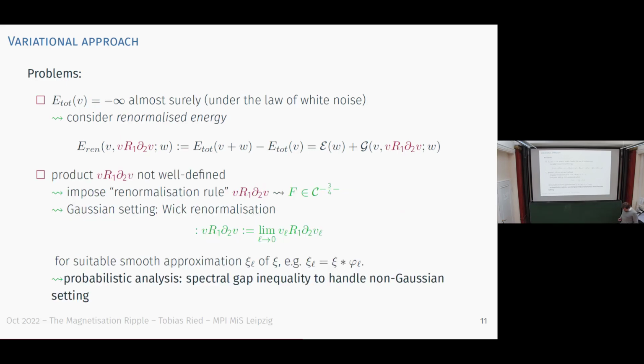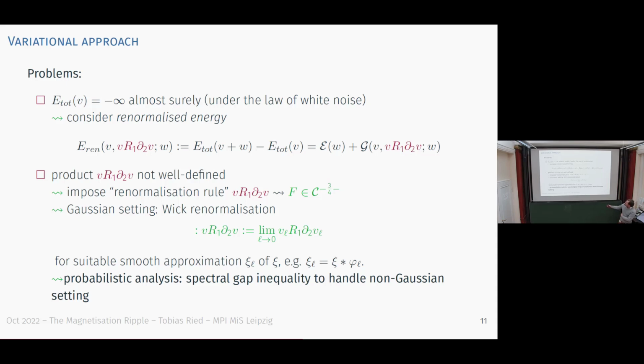But we have a second problem. The second problem is that we still have this V R1 ∂2 V, this singular product, in our energy, in particular in the remainder term here. And now we cannot rely on Gaussianity, so the classical Wick normalization doesn't work.